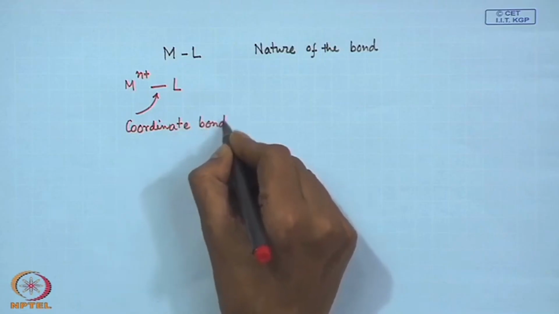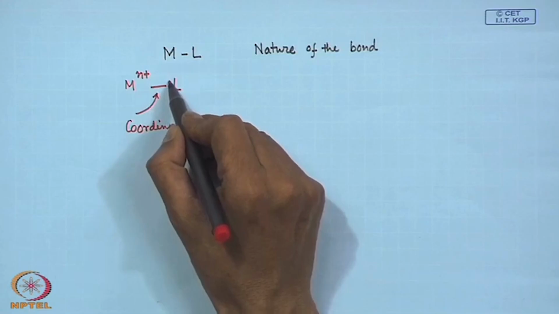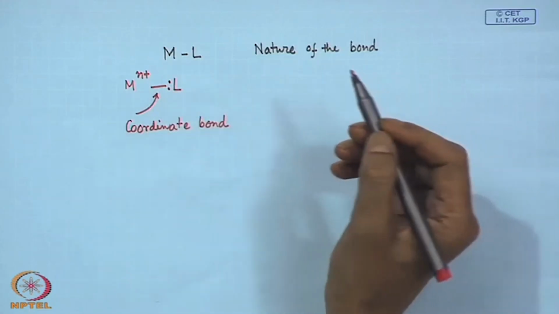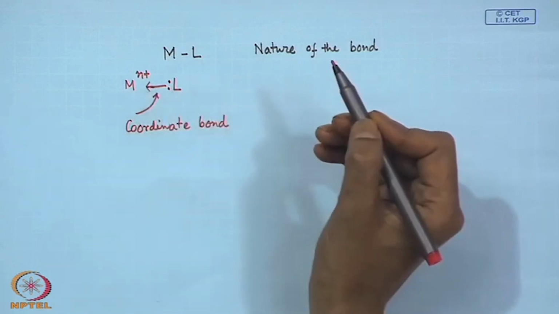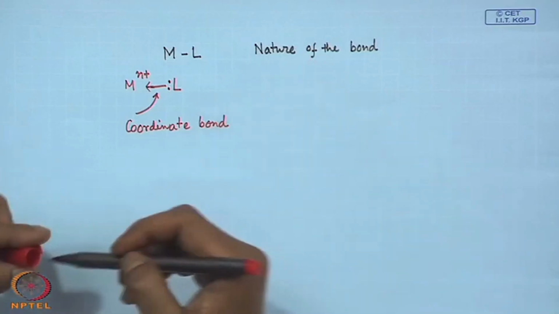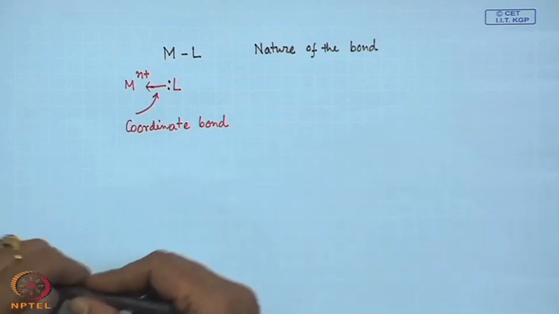where both the lone pair of electrons, if they are available on the L, they can be donated to the metal. So both the electron pair which is forming that particular bond are coming from the ligand itself.